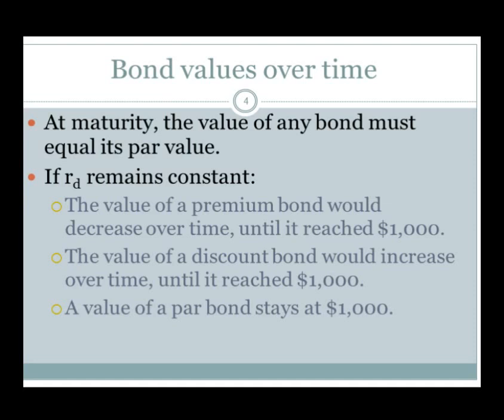If R sub D, now R sub D is another way to refer to our yield to maturity or required rate of return, remains constant, the value of a premium bond would decrease over time until it reached $1,000. And the value of a discount bond would increase over time until it reached $1,000. And finally, the value of a par bond stays at $1,000. And that's exactly what was illustrated on that previous slide for you.